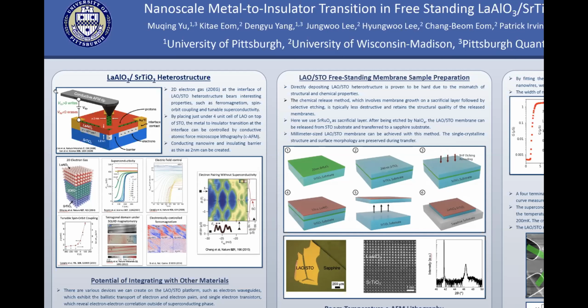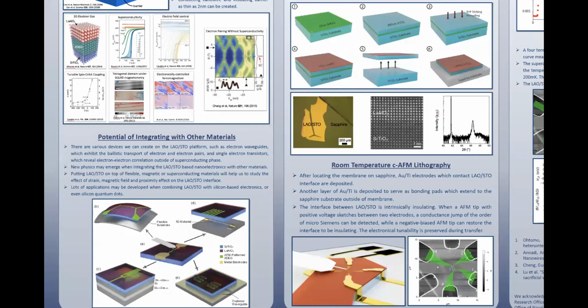When we use a positively biased AFM tip to sketch on the LAO surface, the interface underneath it will become conducting. Meanwhile, a negatively biased AFM tip can restore the interface to an insulating state. So using this technique, we can create many interesting electronic devices such as single electron transistors, photon detectors, or electron waveguides.